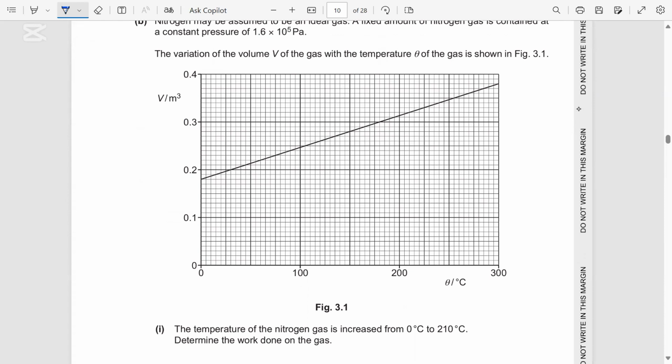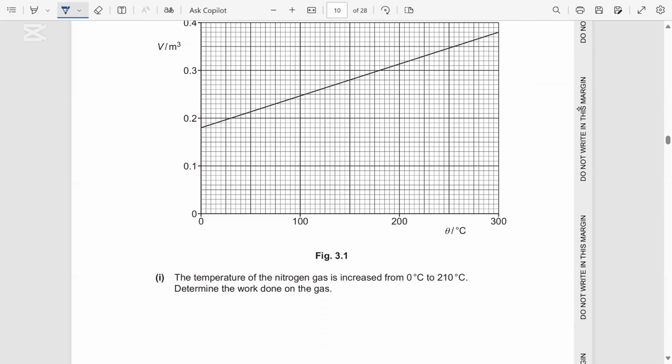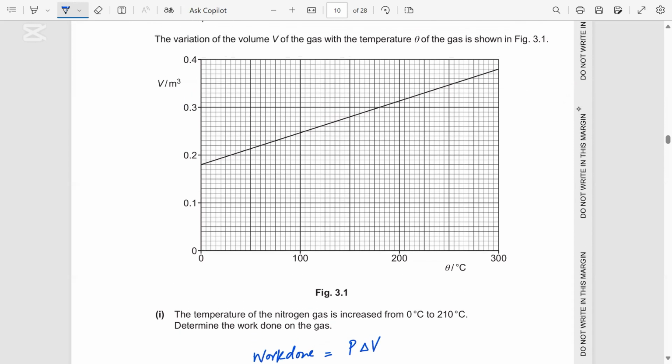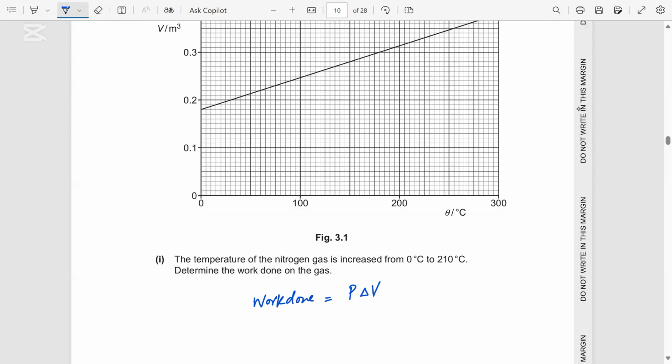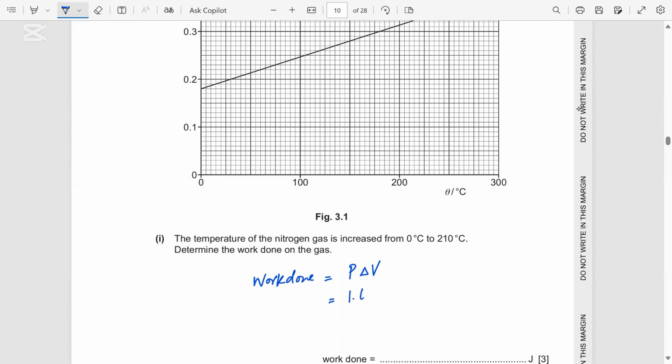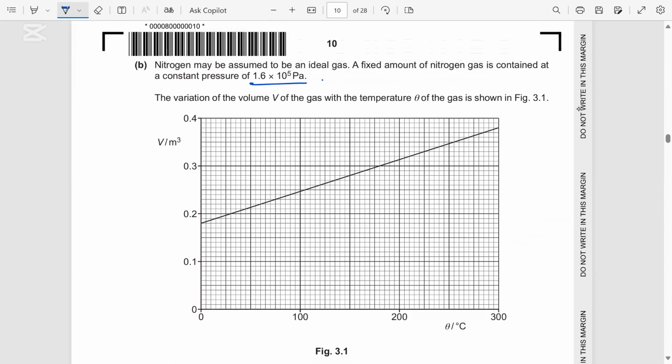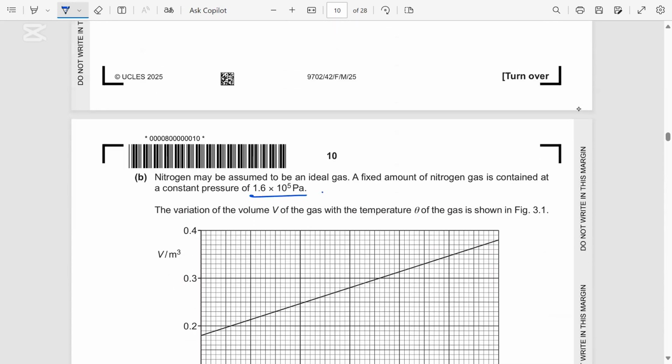So the formula that you'll apply here is for thermal expansion. The work done is going to be negative. And you know that the pressure is constant, that is given here. It's 1.6 into 10 raised to power 5. And the change in volume that you'll see here goes from 0 to 210, right?